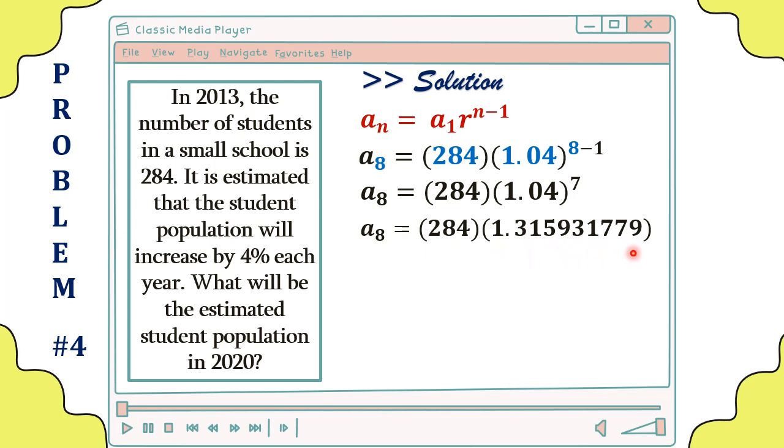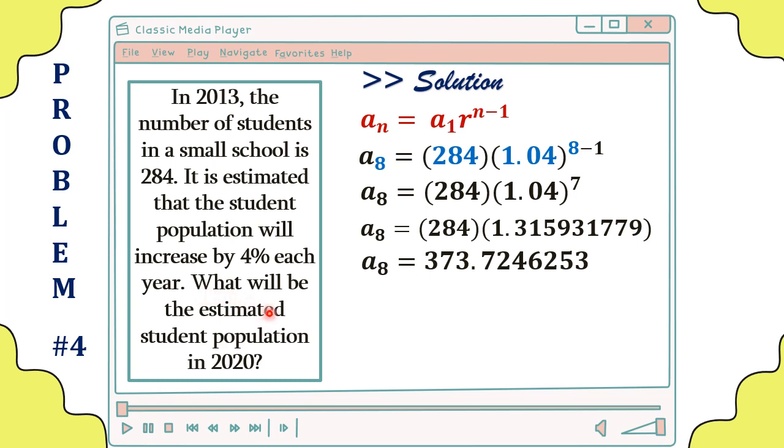Again, we're not yet allowed to round off in the middle of our computation or solution, so you may multiply it directly with 284. So we would have 373.7246253.